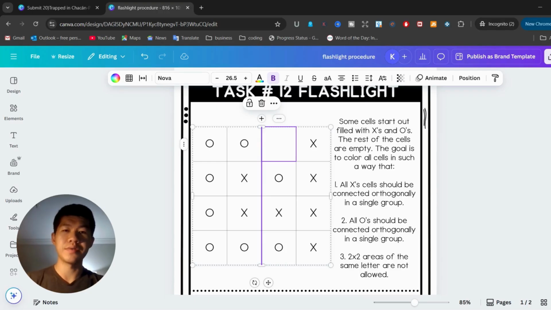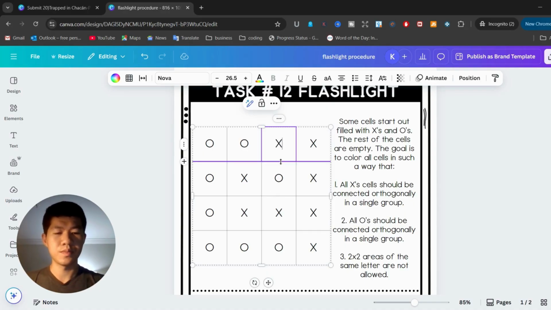But here, if I put an X here, that means I would have to put an O here, because if I were to put an X here, this O would be isolated by itself. So if I put an O here, now I've filled out this grid right here.